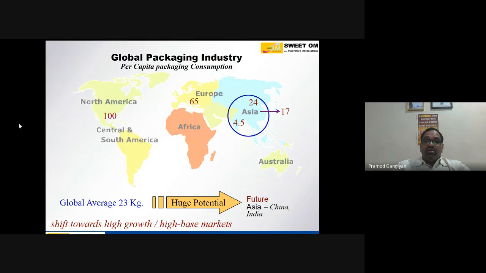And you see, North America is far ahead, not 10 times, 20 times ahead of us in packaging product consumption. This 4.5 kg per capita consumption was in 2011. Today it is 7.2. So we can understand how much growth there is, right?